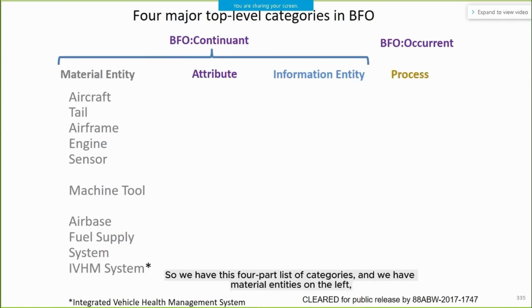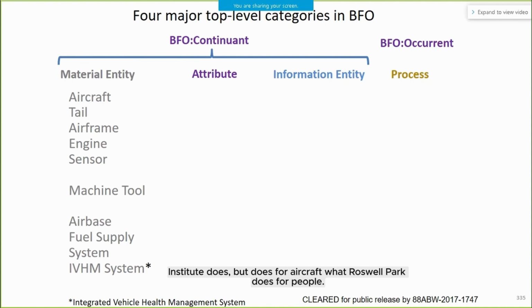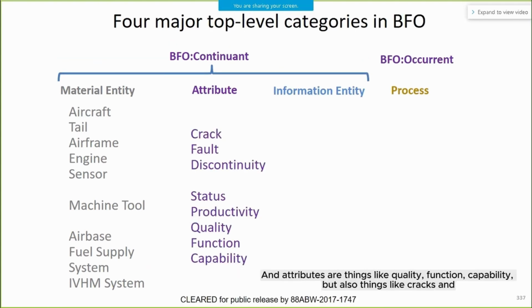So we have this 4-part list of categories, and we have material entities on the left, which include things like aircraft and engines and sensors and air bases and systems, including an integrated vehicle health management system, which does for aircraft what Roswell Park does for people. And attributes are things like quality, function, capability, but also things like cracks and faults.